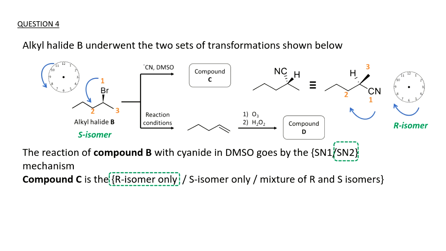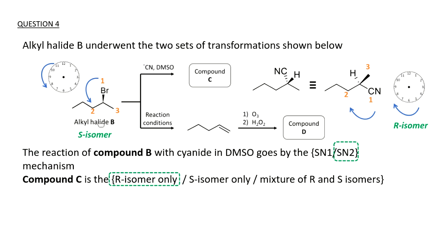You also recall that if you have an alkyl halide which is chiral, based on how the mechanism operates for SN2, you will get an inversion in stereochemistry. Because as the nucleophile is coming in, the halide leaves at the same time.